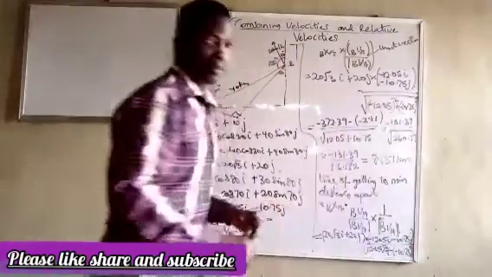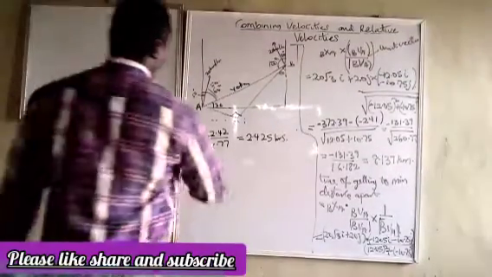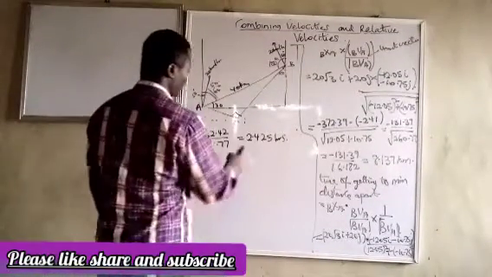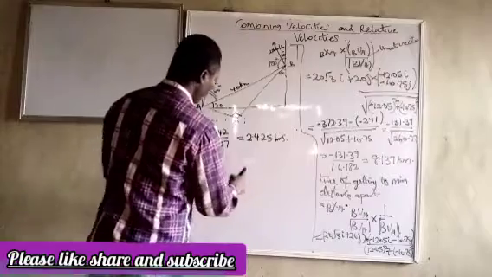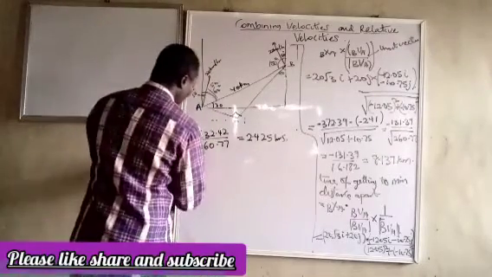So I put it up here again. It gives 632.42 over 260.77. That's 2.425 hours.